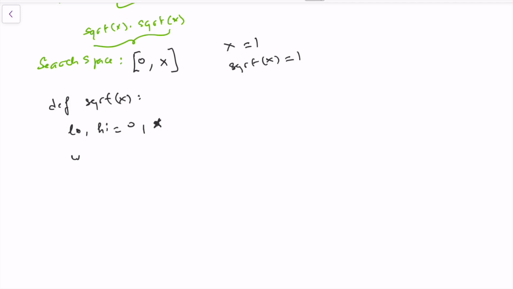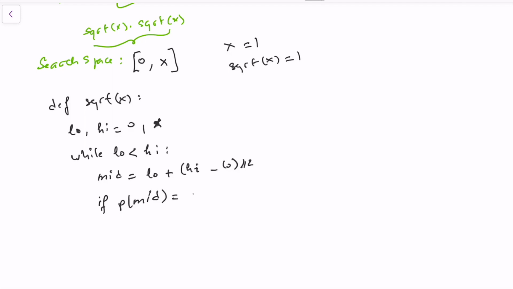And now we start our template binary search. The first thing we do is calculate the mid, which is low plus (high minus low) divided by 2. Then we check if P of mid is true.